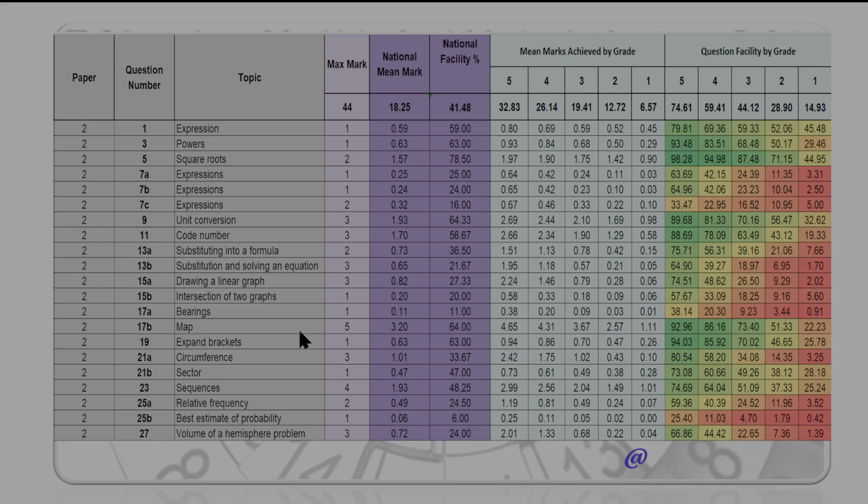Again, you might be able to understand now why the two hardest questions there were the best estimate of probabilities, which came out very, very low, and also the second part of that expressions question, which was the E and F, and then it was E minus F, I think. Yeah, that caught a lot of students out.